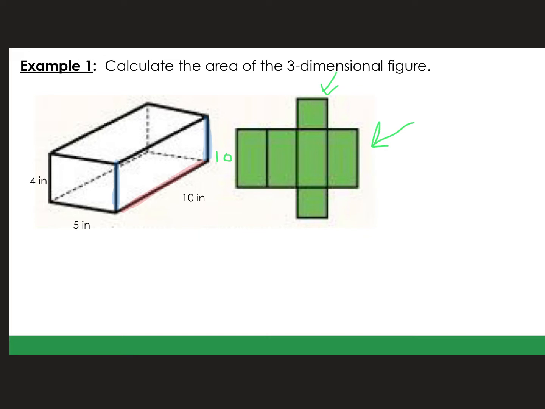which when we rolled this out, it kind of is difficult to tell, but they're not all the same because we have three different dimensions there. The blue edges here would be 4. So that means I'm going to have 2 that are 4. 2 of these rectangles that will be 4. And then I have to figure out what the others are.